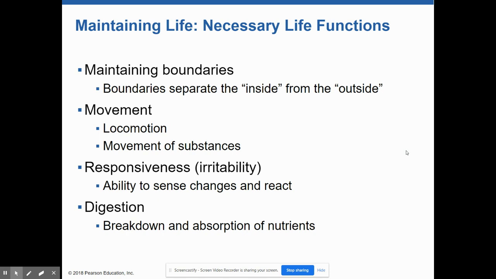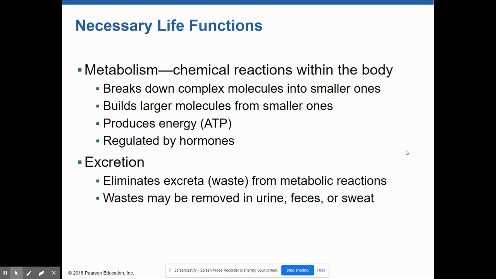It needs to be able to digest food by breaking down and absorbing nutrients. And then within living organisms, they need to have metabolism, which are chemical reactions within the body. These break down complex molecules into smaller ones.